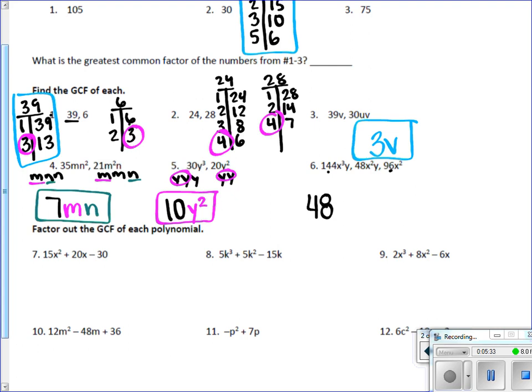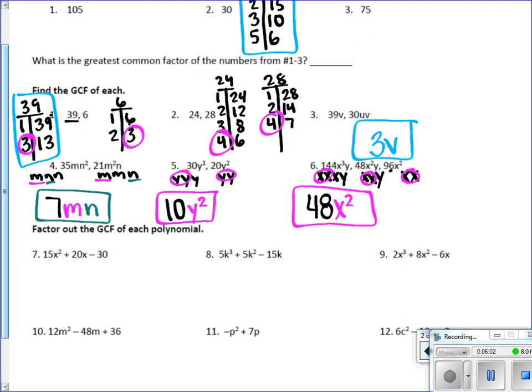Now when it comes to letters, this has x, x, x, and a y. This is x, x, and a y. And then this is x, x. So what do they have in common? All three of them have x squared. Do they all have y? No, so that can't be listed. This is our greatest common factor. We feel okay with that?